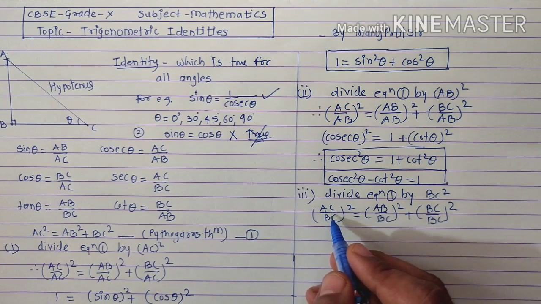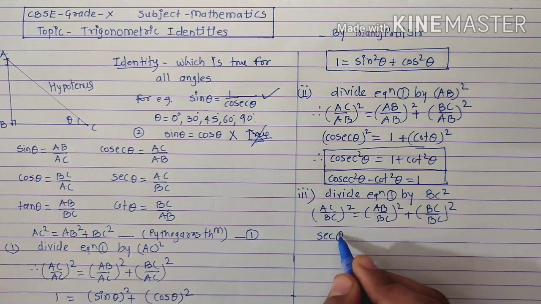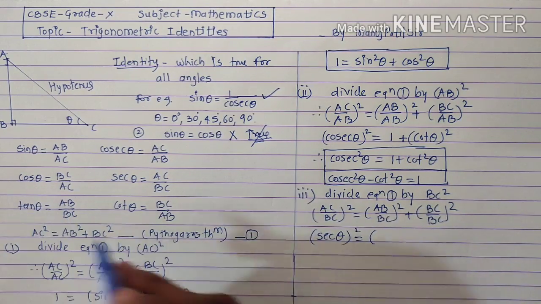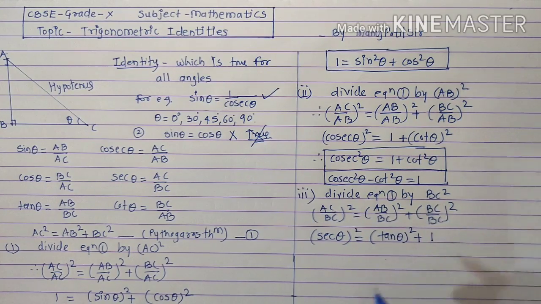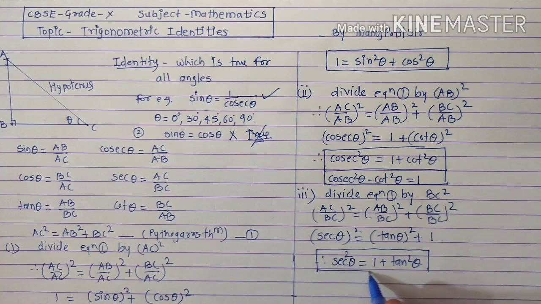AC upon BC is sec theta, AB upon BC is tan theta, and BC upon BC is 1. So we can write sec square theta equals 1 plus tan square theta. This is the third identity. These are the special identities which we have to use. This can also be written as sec square theta minus tan square theta equals 1.